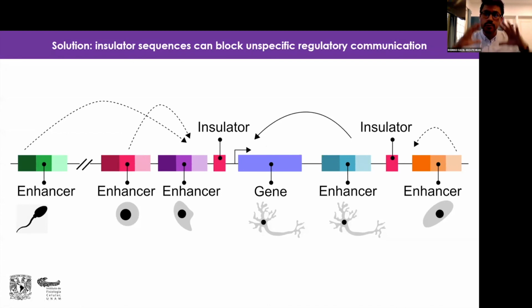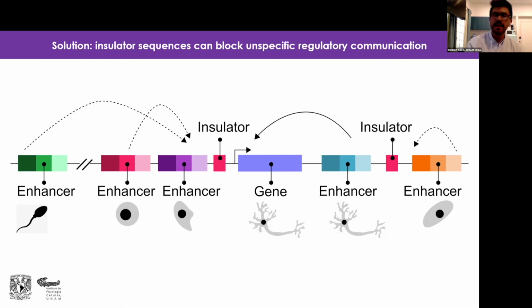And one way to restrict that flow of information is by the activity of the so-called insulator or chromatin boundary sequences. Essentially, by interacting with each other in space, they can restrict communication with the regulatory elements that should not be contacting, and at the same time, they can restrict the unspecific regulatory information.